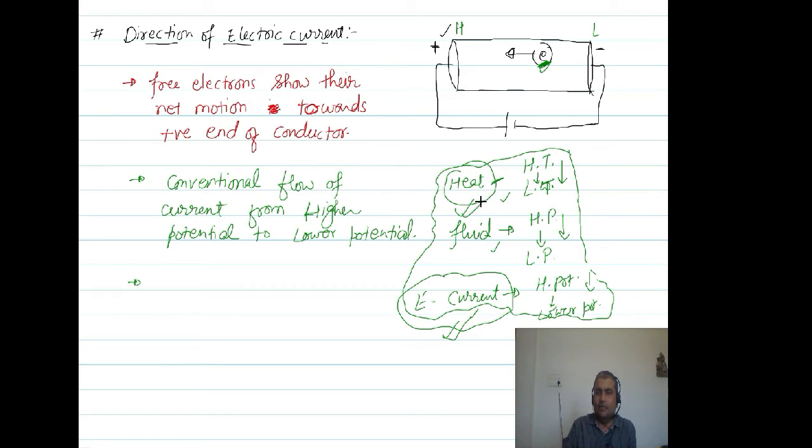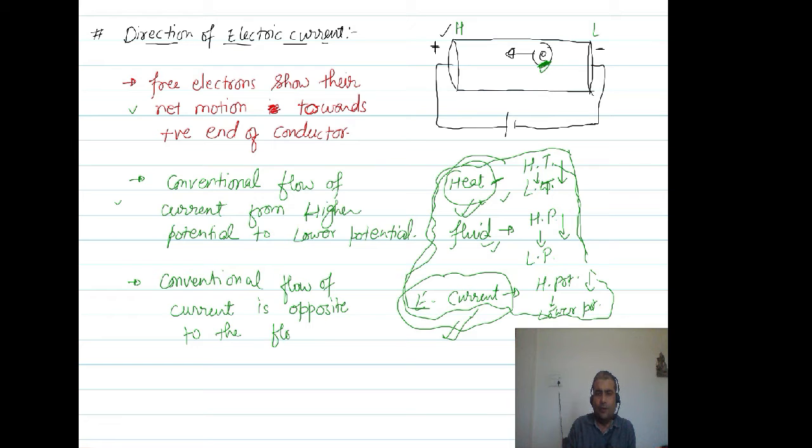And that is the reason behind this situation, behind this convention. One more thing is there: if you check these two points, you will find that the conventional flow of current is opposite to the flow of free electrons.